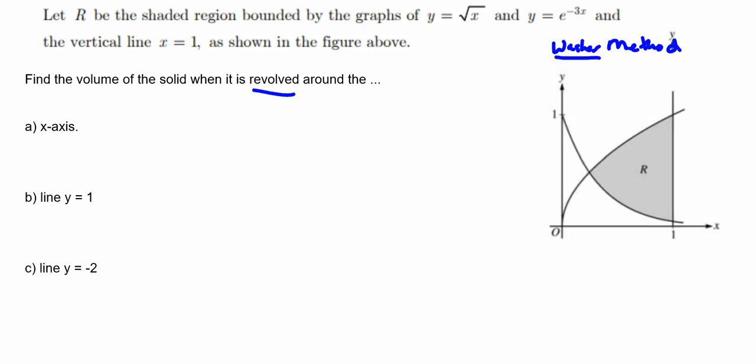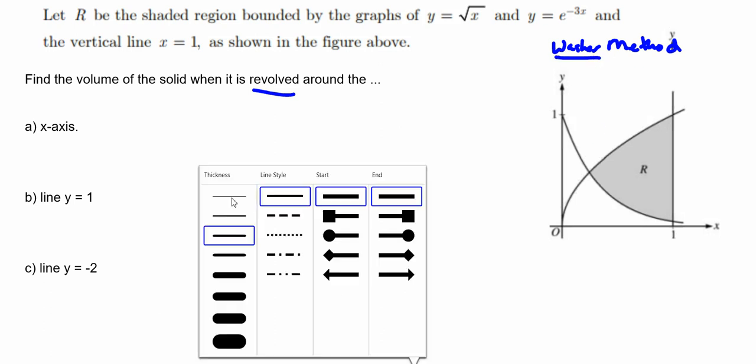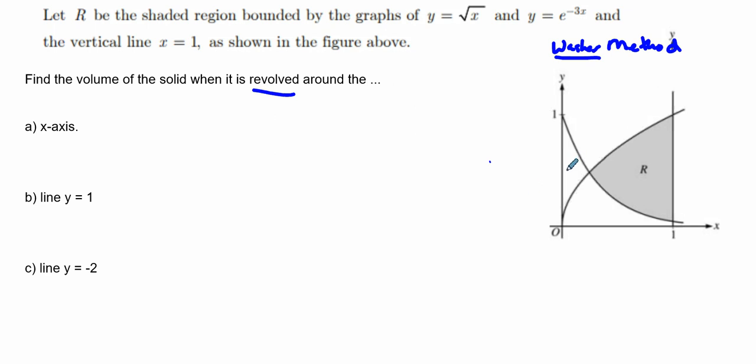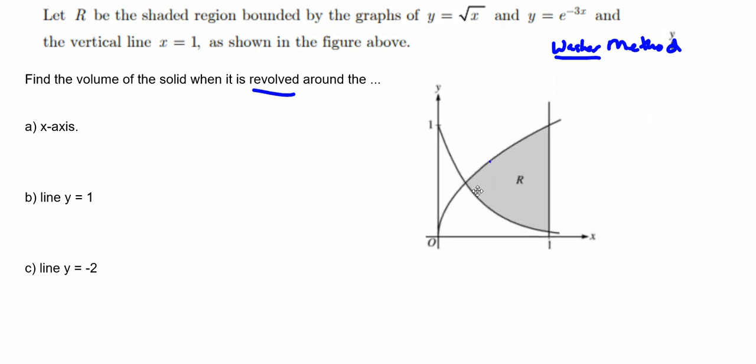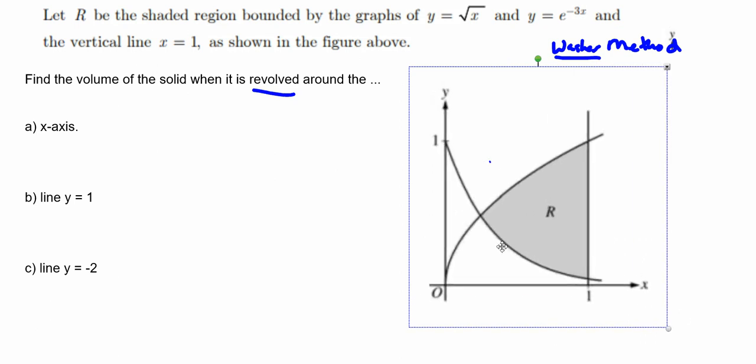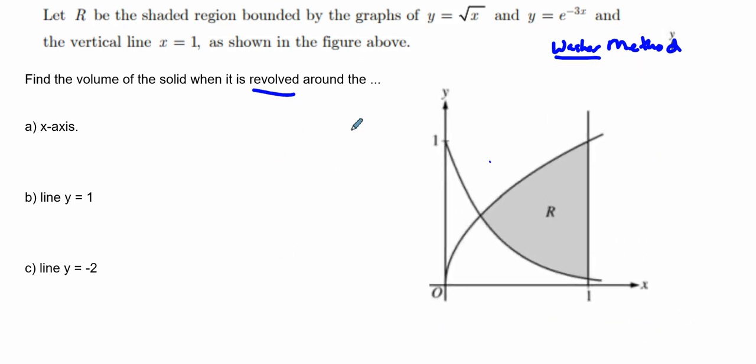Well, if you watched my previous videos, what we have is an area, a region that's going to be revolved around a certain axis. Now, whenever we want to find volumes, we really are just using one equation.